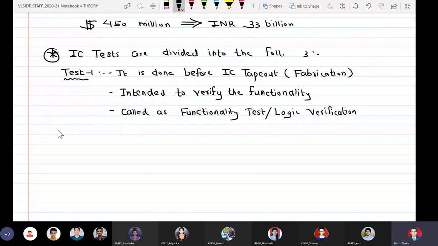Then we have test number two. After the design has been fabricated and converted into an integrated circuit, we perform the second test.